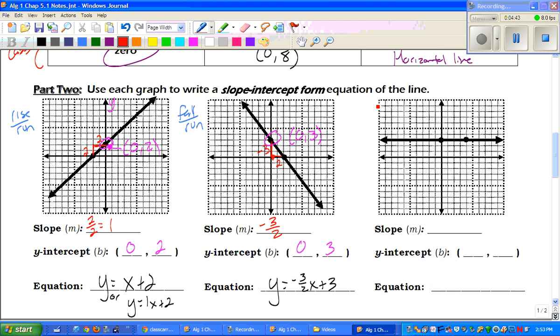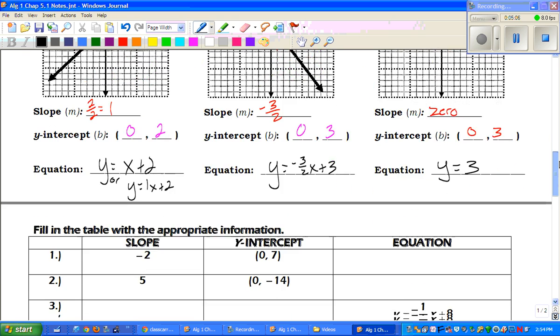Okay, right away when you look at this, you should think, oh, this looks different than everything else. It's because it's a special case. The slope of a horizontal line is 0. The y-intercept for that is (0, 3). So that equation is y equals 3.